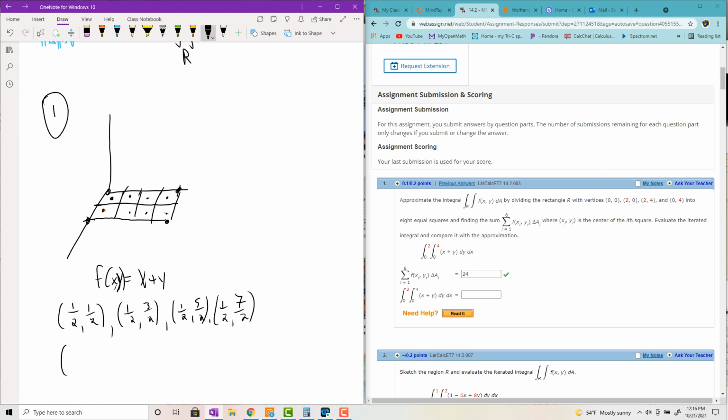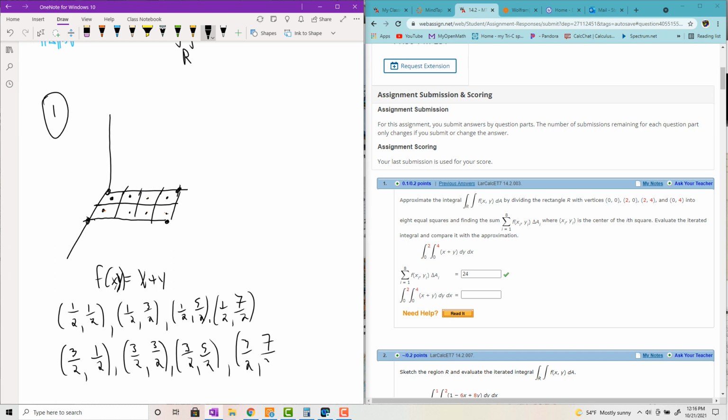So instead of 1/2 all the time, you'll have now 3/2, and then the y coordinate will be the same as before. It won't always be 1/2. It's changing just like it does before. So that would be the second one, and then 3/2, 5/2, and then 3/2, 7/2.